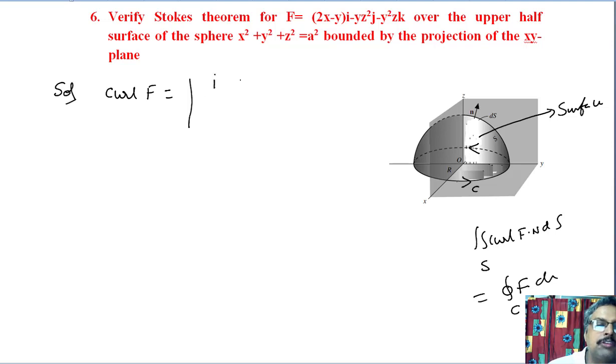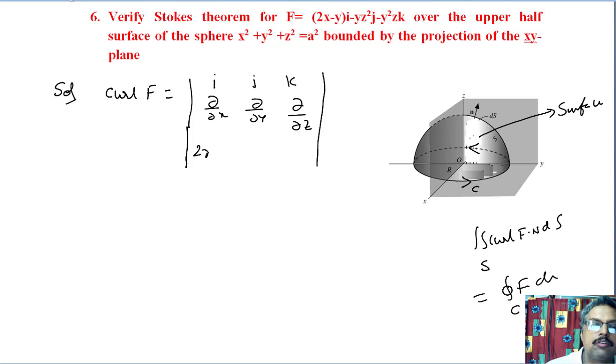Curl f equals the determinant with i, j, k; dou by dou x, dou by dou y, dou by dou z; first term is 2x minus y, then minus yz square, minus y square z.